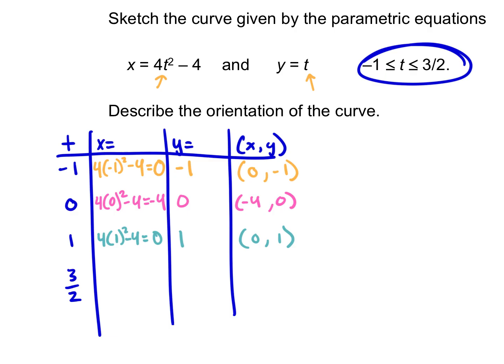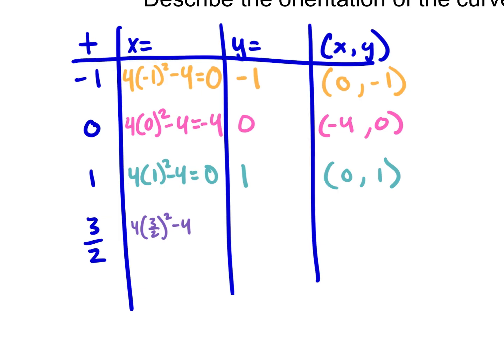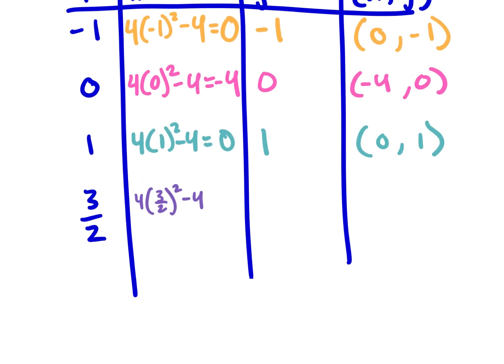And then let's plug in 3 halves. So 4 times 3 over 2 squared minus 4. What would 3 over 2 squared be? Awesome. You got to square the 3 and square the 2. So we have 4 times 9 over 4 minus 4. The 4's cancel here, so that would just be 9 minus 4.